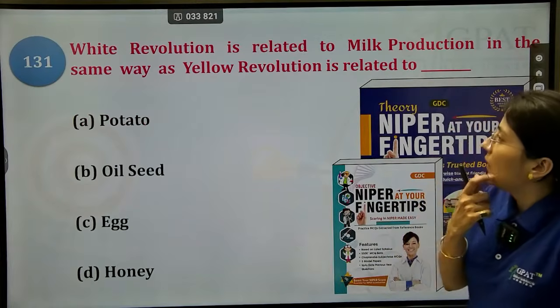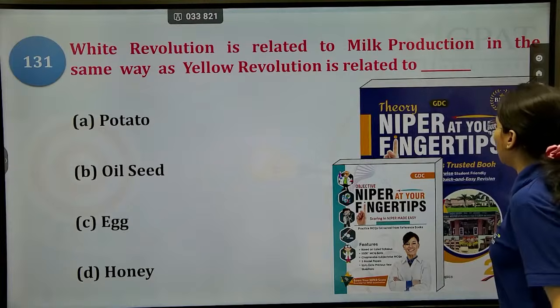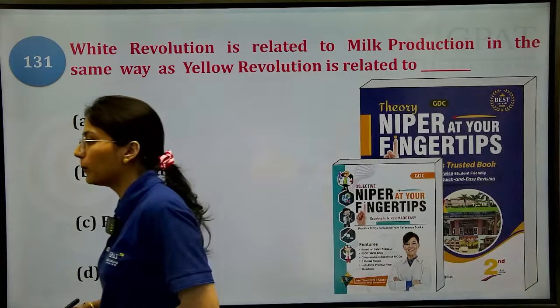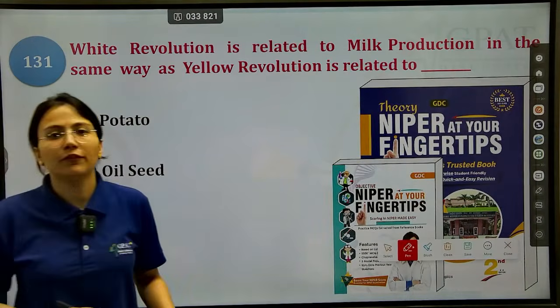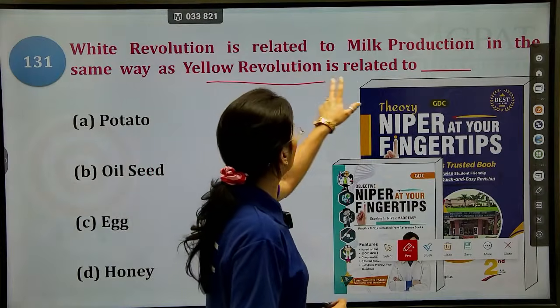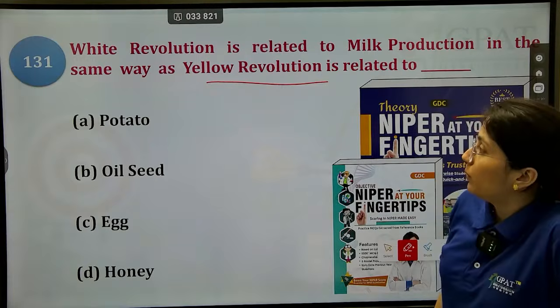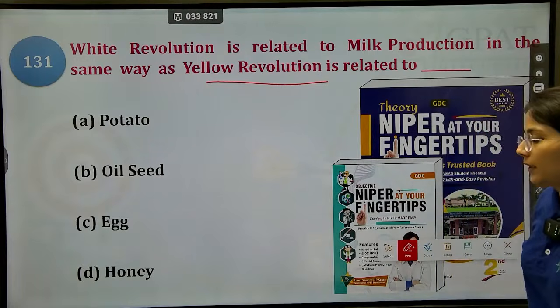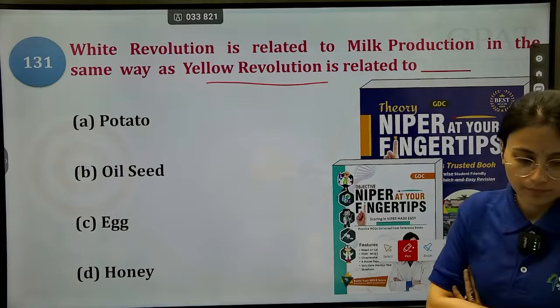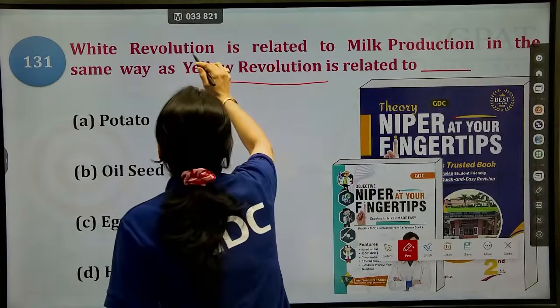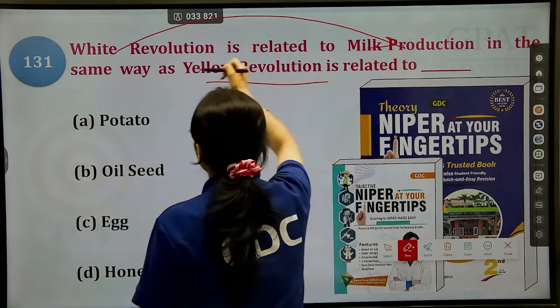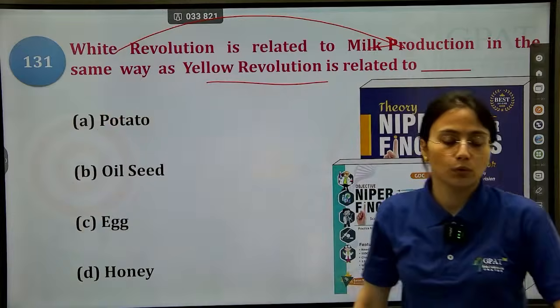White revolution is related to milk production. In the same way, yellow revolution is related to what? The options are potato, oil seed, egg, honey. White revolution is milk production, yellow is for what?